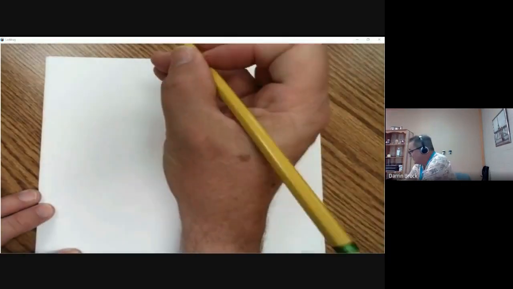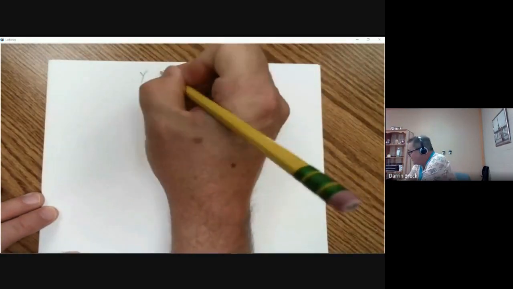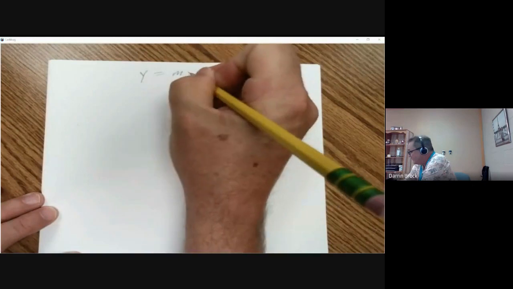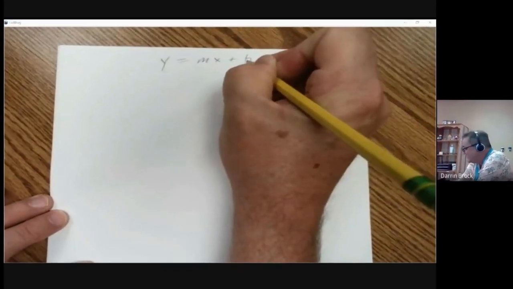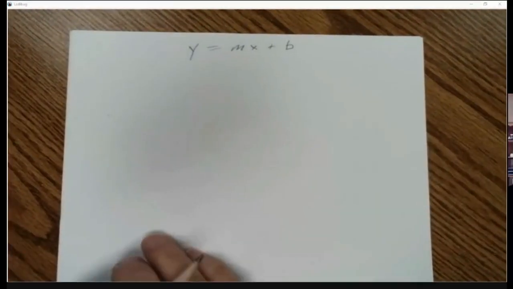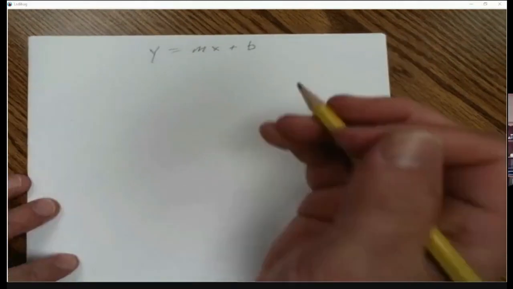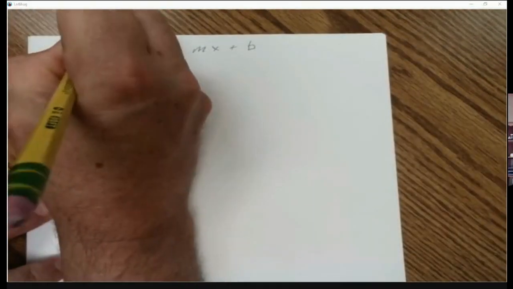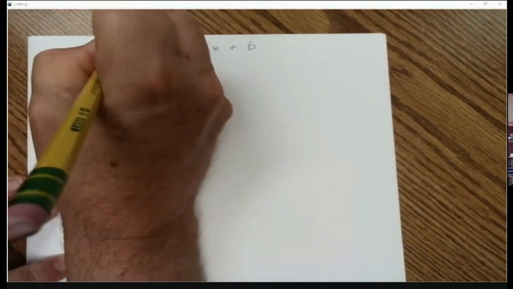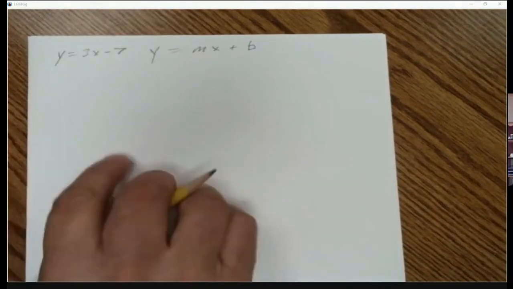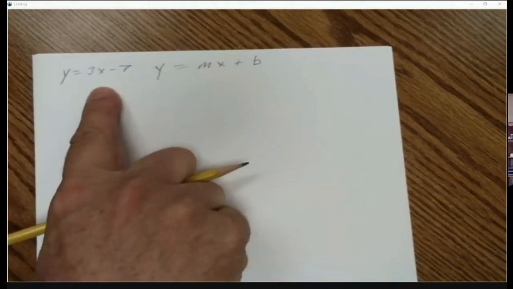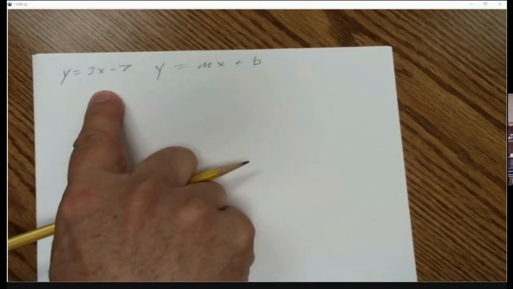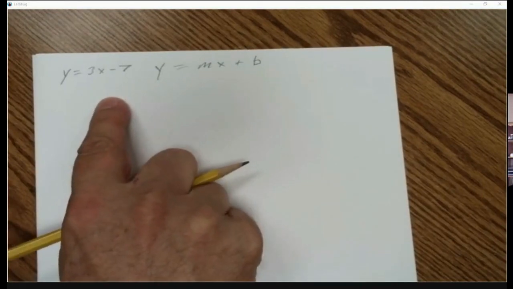So let's talk about the 3 different forms that we're going to look at for equations of lines and different ways that you will see the equation of a line. So y equals mx plus b, that's the one you're used to, right? You'll see y equals 3x minus 7, right? We're used to that. That's one of the earliest forms of a line that we saw.